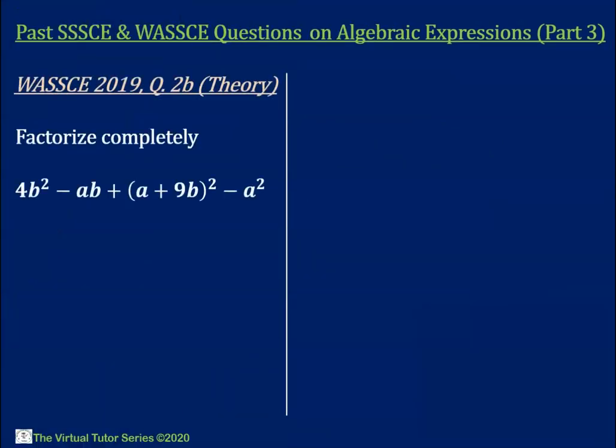WASSCE 2019 Theory Question 2B. Factorize completely 4b squared minus ab plus (a plus 9b) all squared minus a squared. Solution. We have the expression 4b squared minus ab plus (a plus 9b) all squared minus a squared.